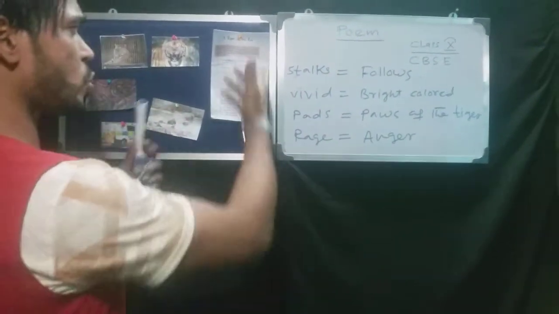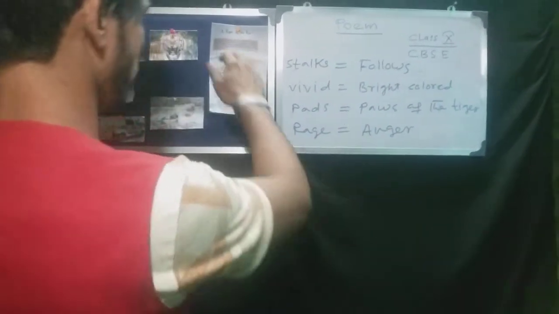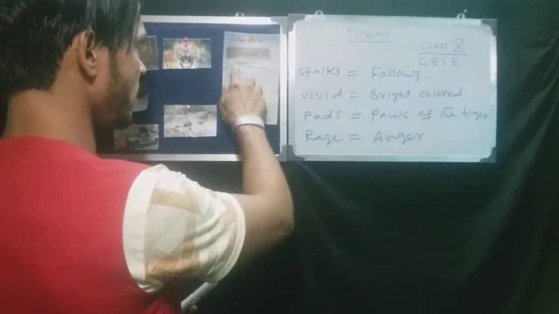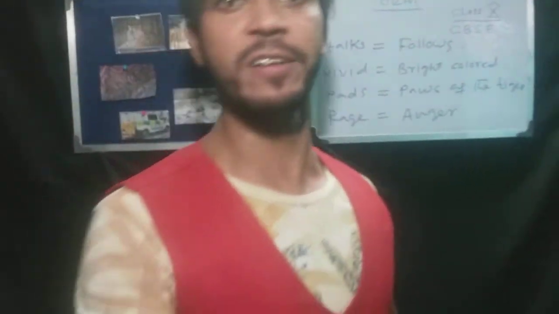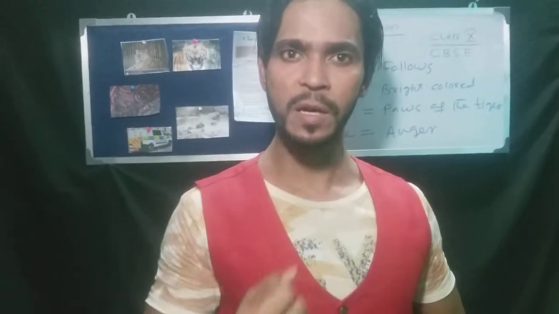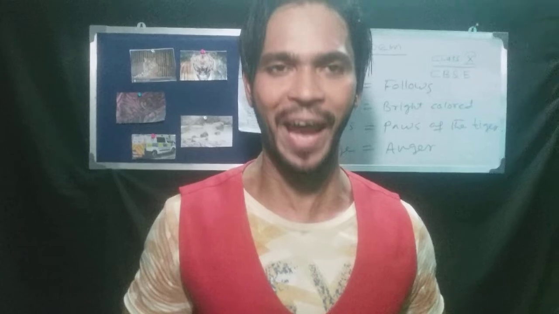Now let's see the explanation of the first stanza of the poem. He stalks in his vivid stripes the few steps of his cage. In this stanza, the poet explains the description of a tiger, that the tiger is beautiful and walking in a limited space of a cage.